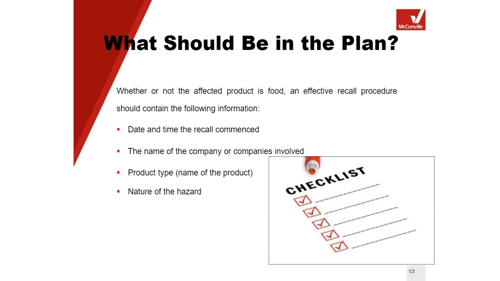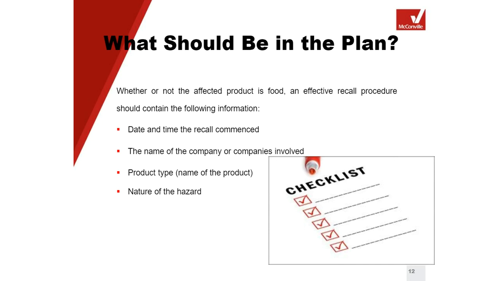So the final thing on what should be in your plan, you should also have in your plan what level of recall it is. Is it just going to be a trade recall, so do I just need to contact those caterers or wholesalers, or is it going to be a consumer recall, so then do I need to work deeper in the supply chain to ensure that I can recall that product?